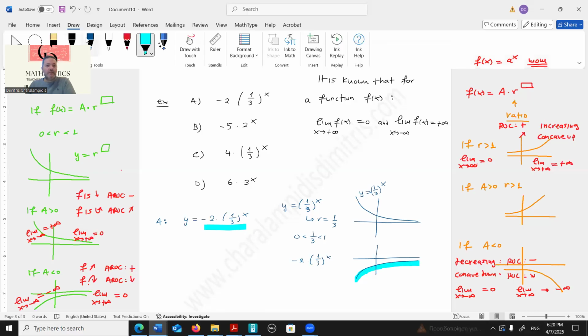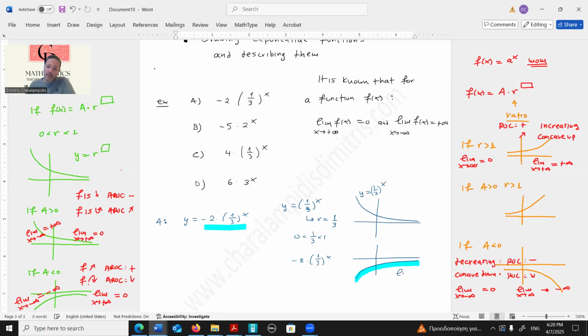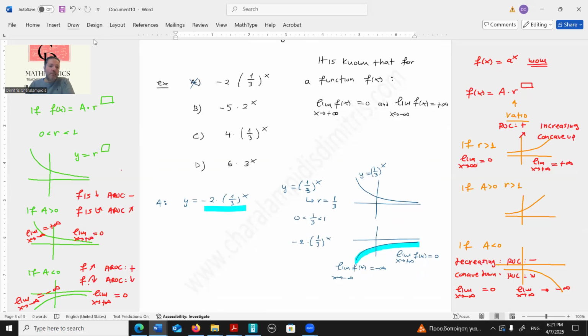Let's see the end behavior in this case. The limit as x tends to plus infinity of f of x is 0, and the limit of f of x as x tends to minus infinity is minus infinity. So no, it cannot be that. It can't be A. Let's see B.